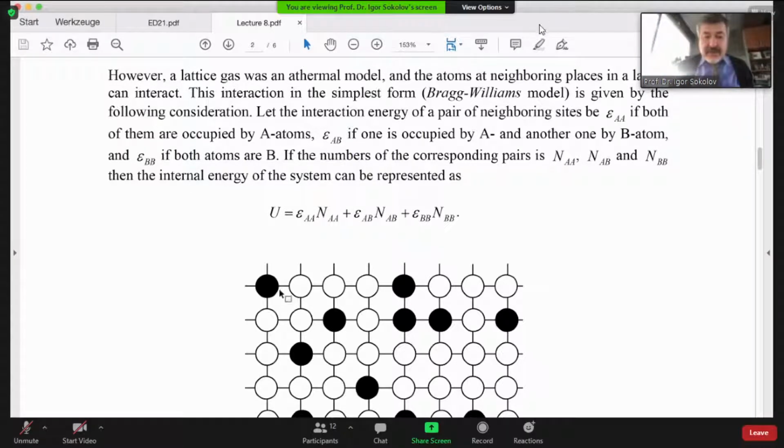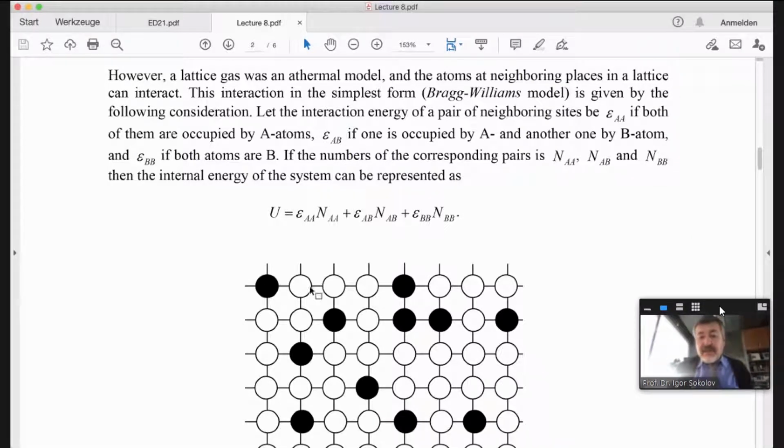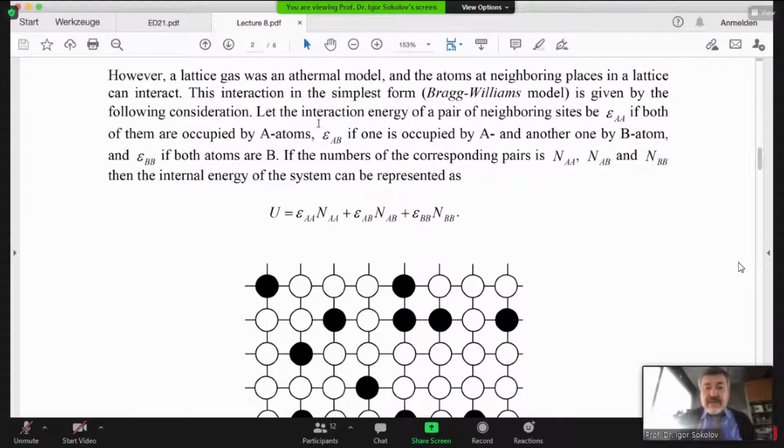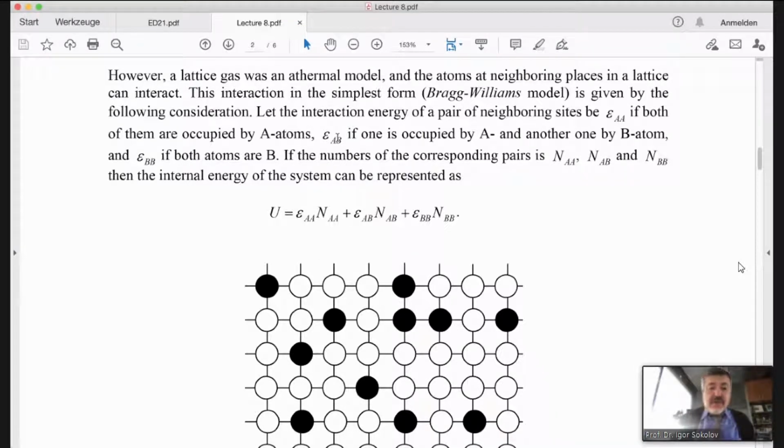If an atom, let's say B, is a neighbor of atom A, their interaction energy is epsilon AB. I put epsilons there. If there are two A atoms which interact along the bond, then the bonds now represent interactions, the interaction energy is epsilon AA. And if there are two B atoms along the bond, the interaction energy is epsilon BB.